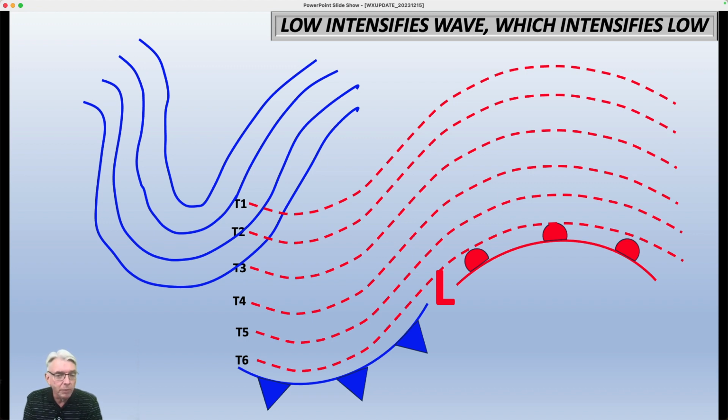But what we're going to be seeing on Sunday and Sunday evening is that the wave, or the low, is going to continue to amplify the wave, which will then amplify the low, which will then amplify the wave, and the pressures in the middle of this low should get pretty darn low by the time we get to Sunday night and Monday, although by that time the low will be well north of us. All right, so I hope that makes a little bit of sense. We will see all sorts of interaction between the lower atmosphere and the upper atmosphere on Sunday.